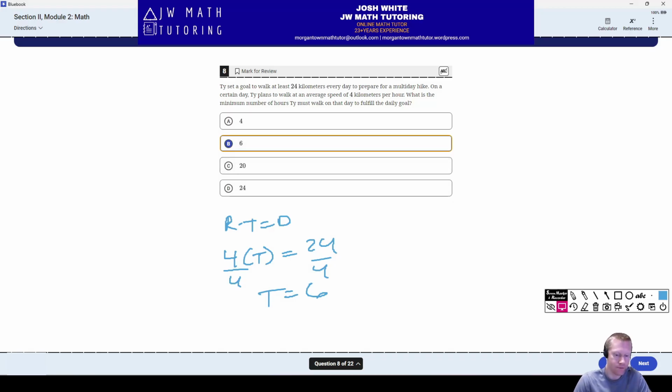Now, another way that you could set this up, and you're going to see it's essentially going to be the same thing. It's just a different way of approaching it: you can treat it like a unit conversion problem where you say, okay, 4 kilometers per hour times x hours is going to equal 24 kilometers.